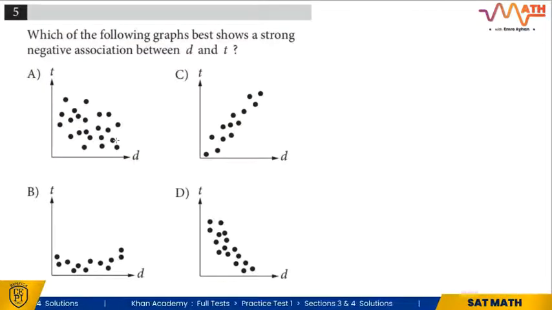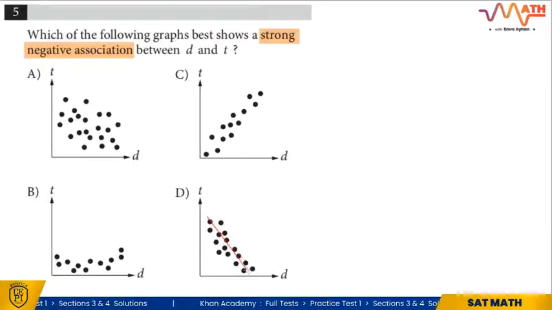Number 5. Which of the following graphs best shows a strong negative association between entities? So, a strong association is a statistics question. We'll learn it at the end of the year, maybe. That's simple. Strong negative association means the points must be really close to a line, and if it is negative, it must decrease.